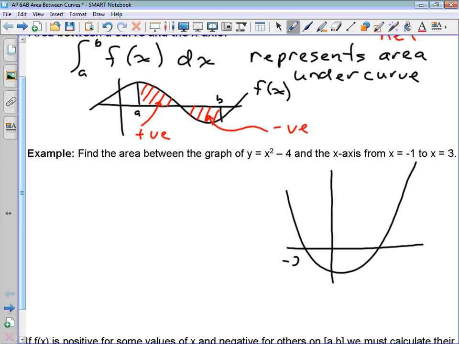It has intercepts at -2 and +2, and we want to integrate from -1 up to 3, all the way over to here. So we want the area between the graph and the axis, so we want this area here.